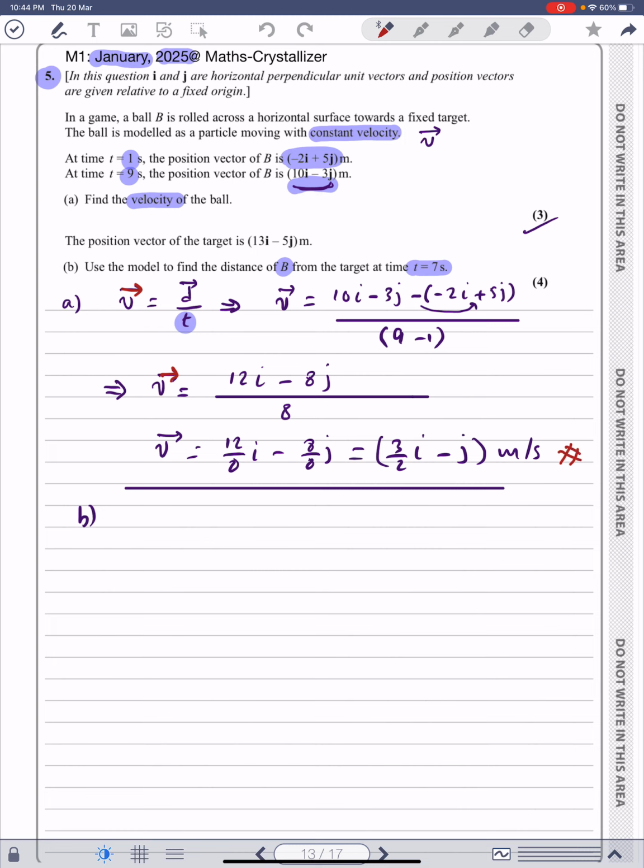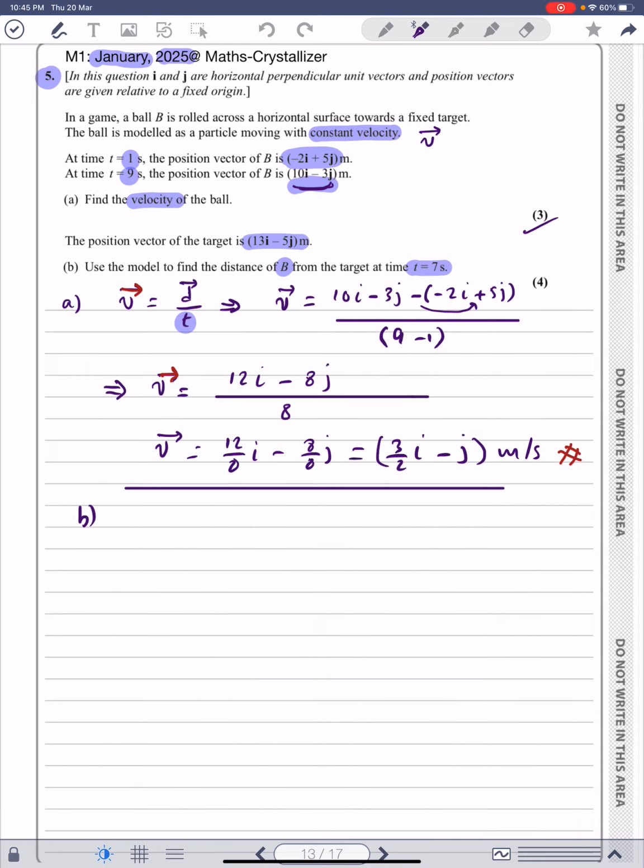For part B, he gives you the position vector of the target in the question. Use this information or this model to find the distance. First, to start, denote, notate, what are you doing?